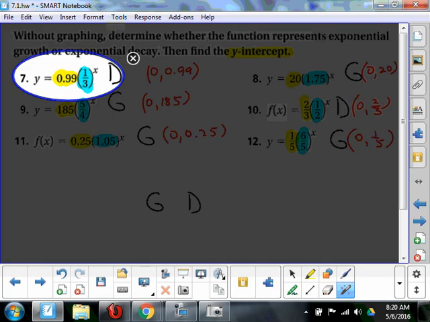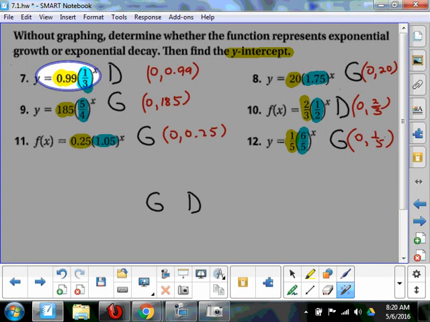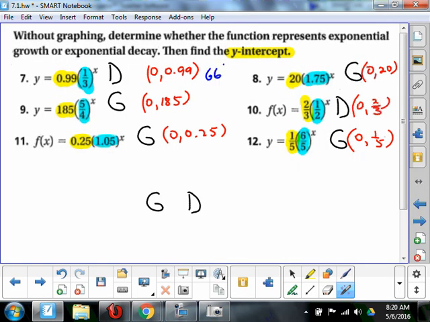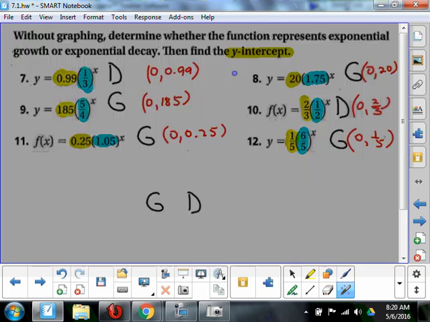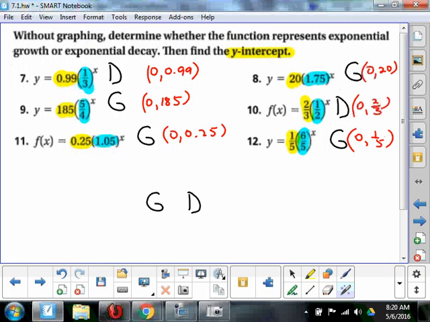It would be 2/3, and then convert it to a percent. So the decay rate would be 66 and 2/3% for number 7.